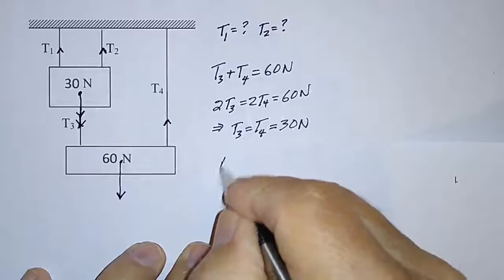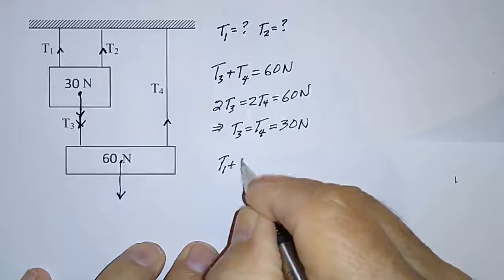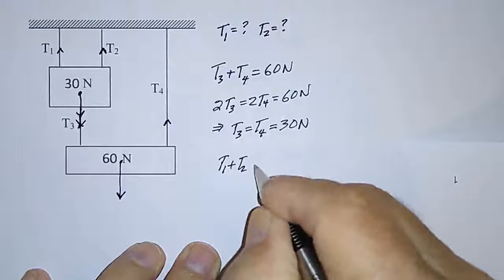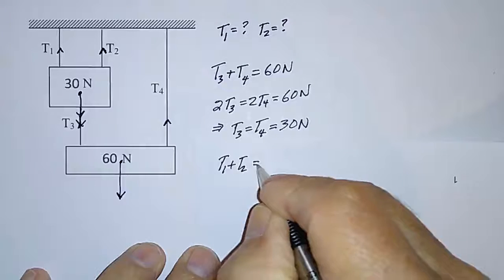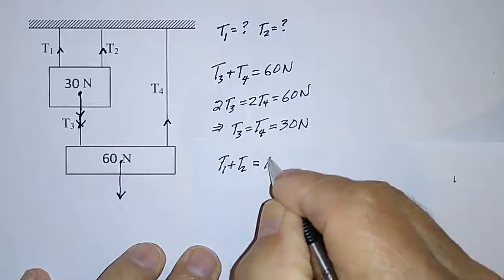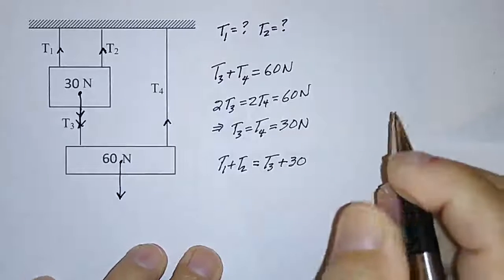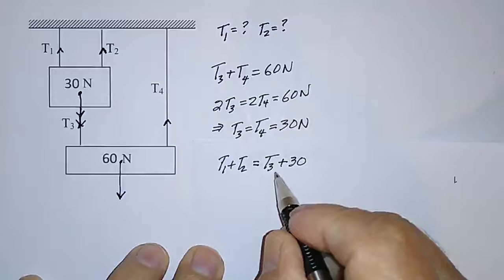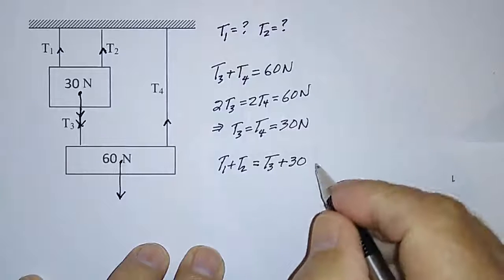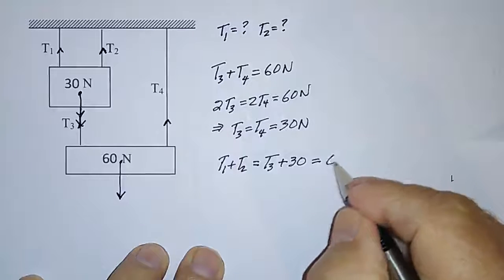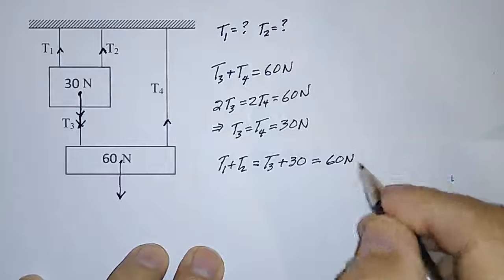So T1 plus T2 has to be equal to T3 plus 30 newtons. But T3 is also equal to 30 newtons. So this is equal to 60 newtons.